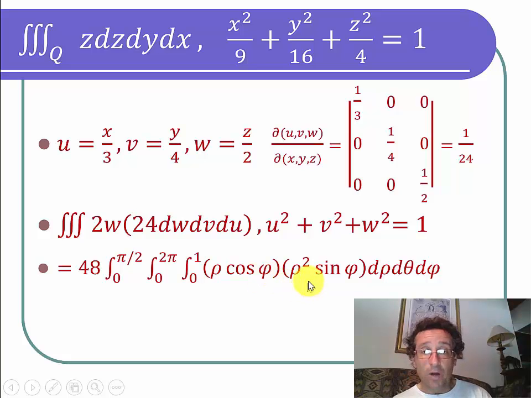Then we had rho squared sine phi, because that's the spherical coordinate Jacobian. d rho d theta d phi. Our radius, rho, goes from 0 to 1, because we said it was our unit sphere. We have theta going from 0 to 2 pi. We mentioned at the beginning that this was above the xy plane, so that means phi goes from 0 to pi over 2.